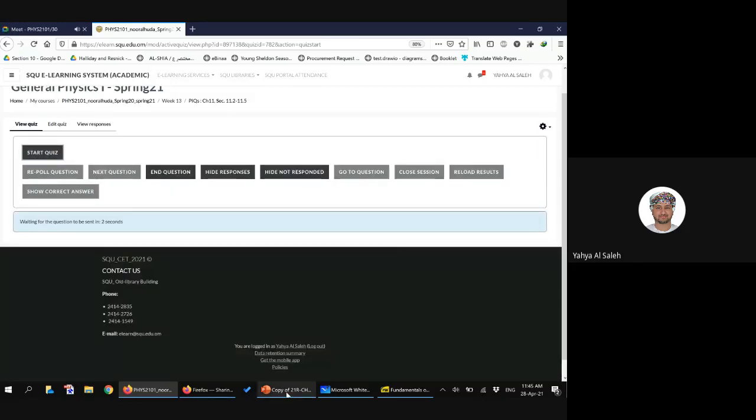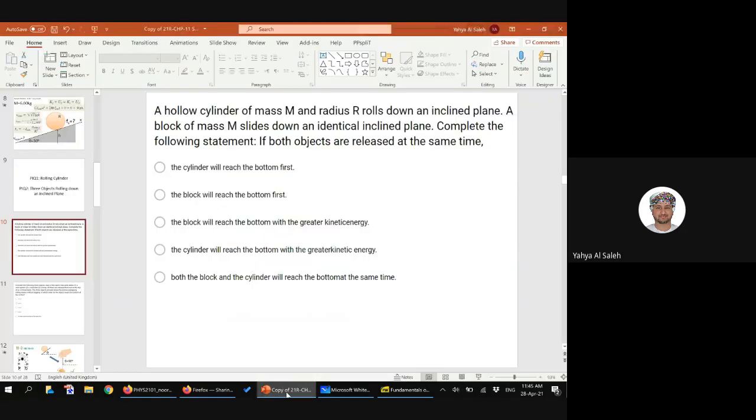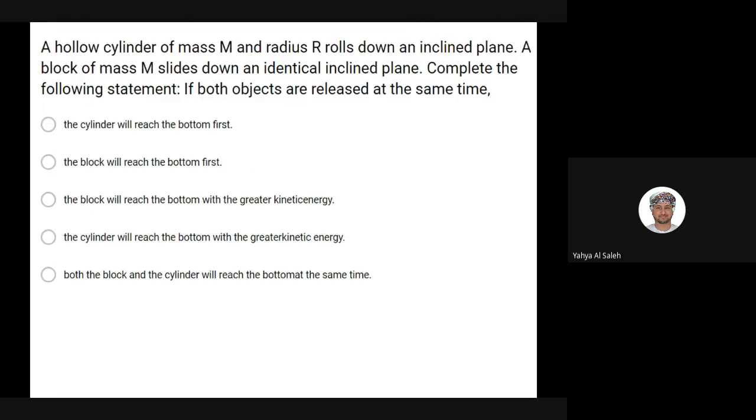Ready? A hollow cylinder of mass m and radius r rolls down an inclined plane. A block of mass m slides down an identical inclined plane. Complete the following statement.